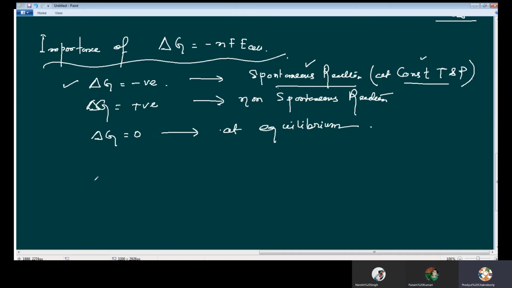So the Gibbs free energy is equal to 0, or we can say that we are not deriving any work from the cell; whenever we are not using the cell, it is constant and at equilibrium. Clear? So the reaction is totally balanced.